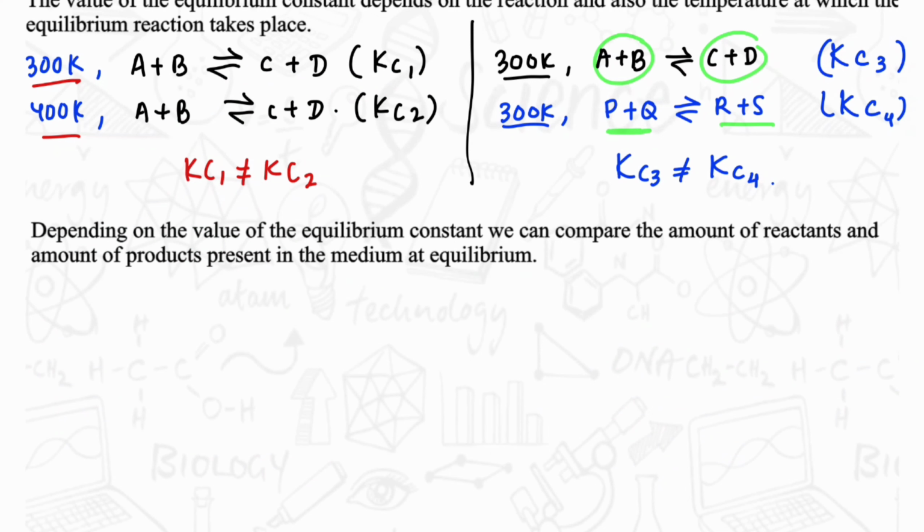Depending on the value of the equilibrium constant, we can compare the amount of reactants and amount of products present in the medium at equilibrium. For an example, let's say if the equilibrium constant is greater than a value of 10 to the power 6, then we can say that the amount of products is greater than the amount of reactants. Therefore, this reaction is almost at completion.